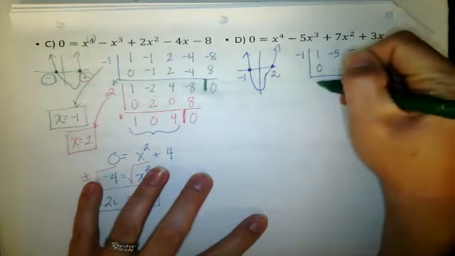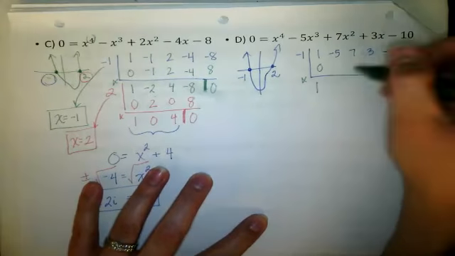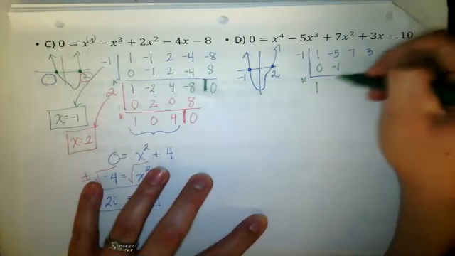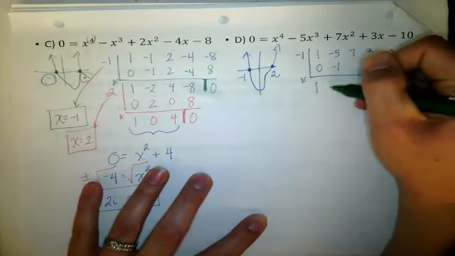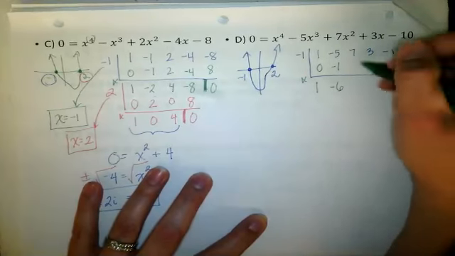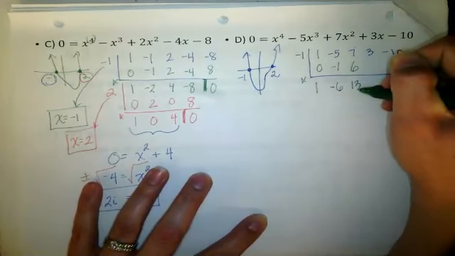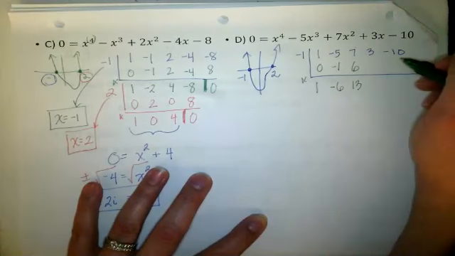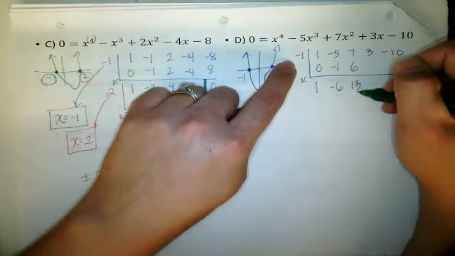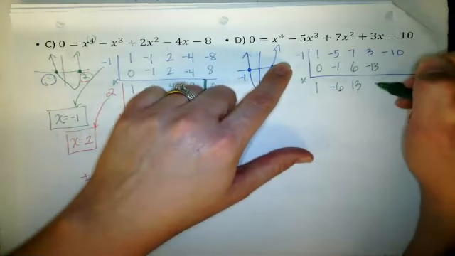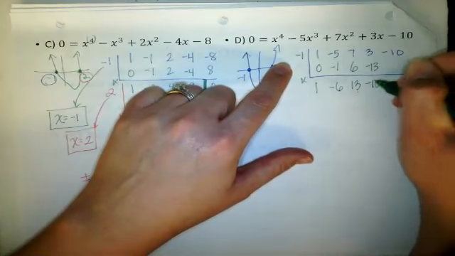All right, so I have 1. I'm going to multiply. Combine. -6. Multiply. Combine. 13. Multiply. -13. Combine. -10.